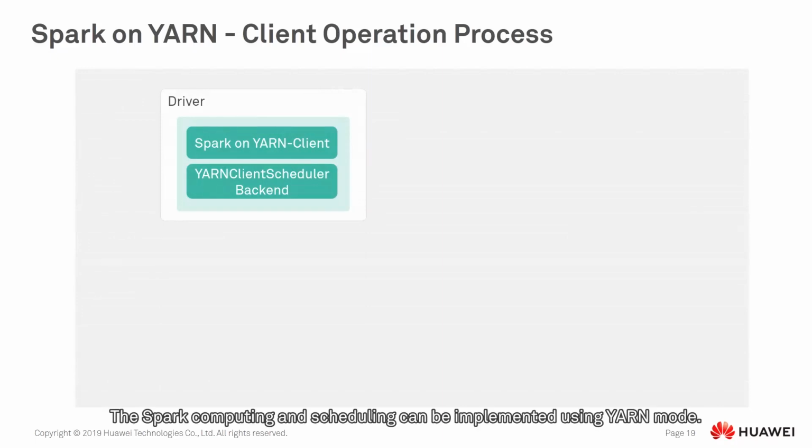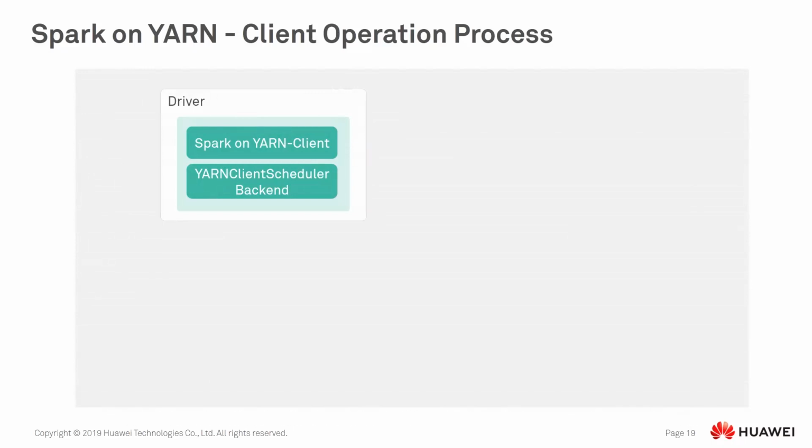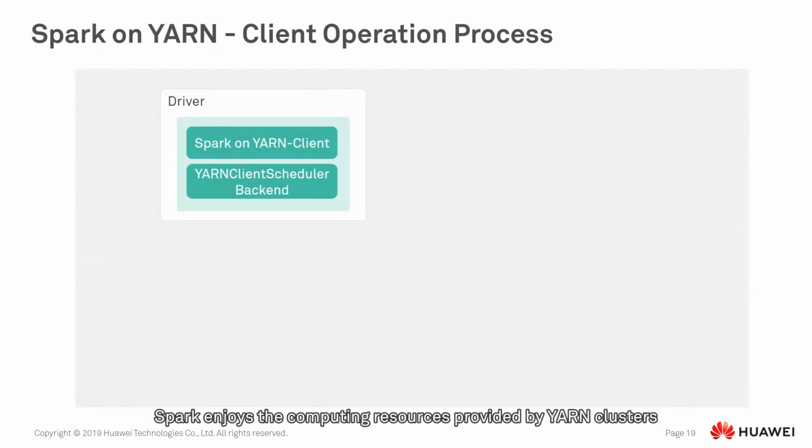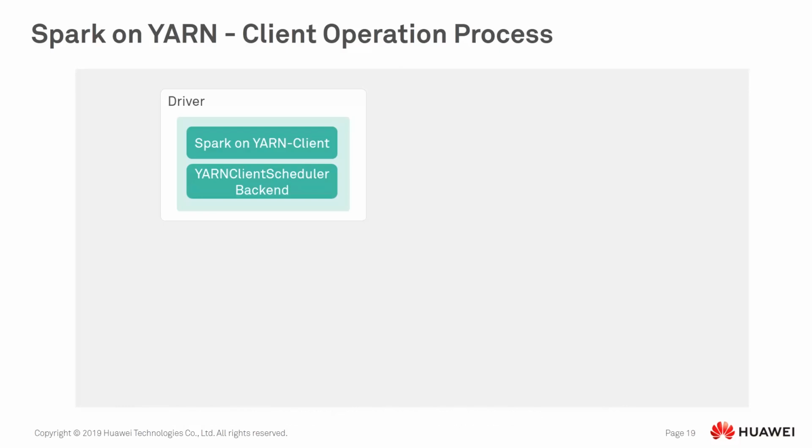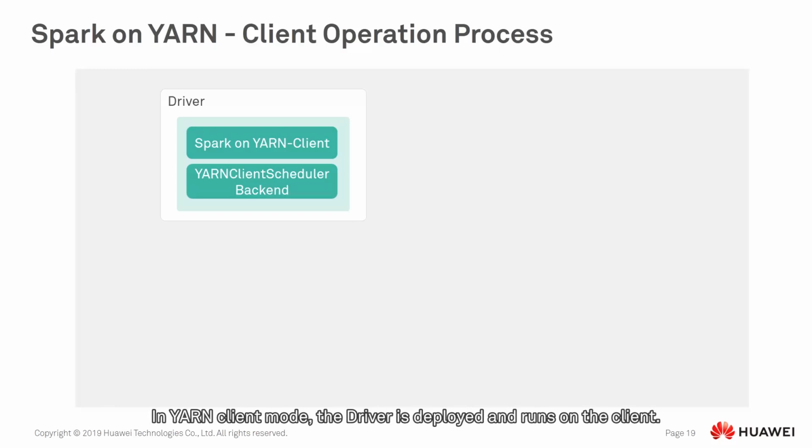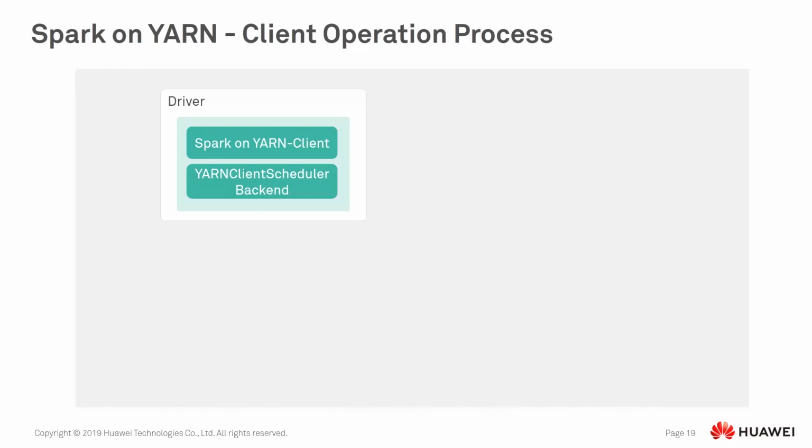The Spark computing and scheduling can be implemented using YARN mode. Spark enjoys the computing resources provided by YARN clusters and runs tasks in a distributed way. Spark on YARN involves two modes, YARN client and YARN cluster. In YARN client mode, the driver is deployed and runs on the client.